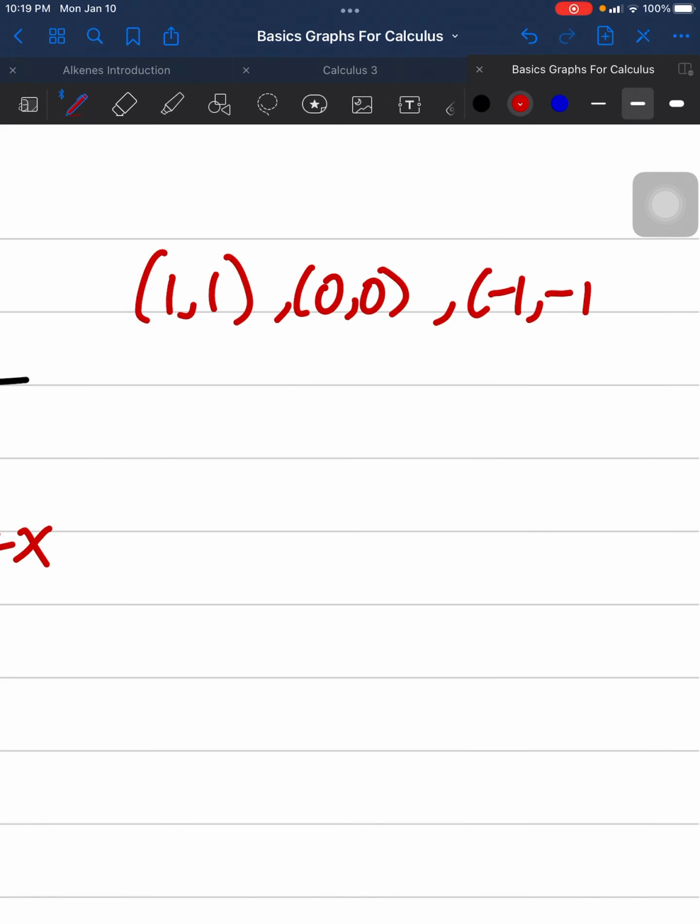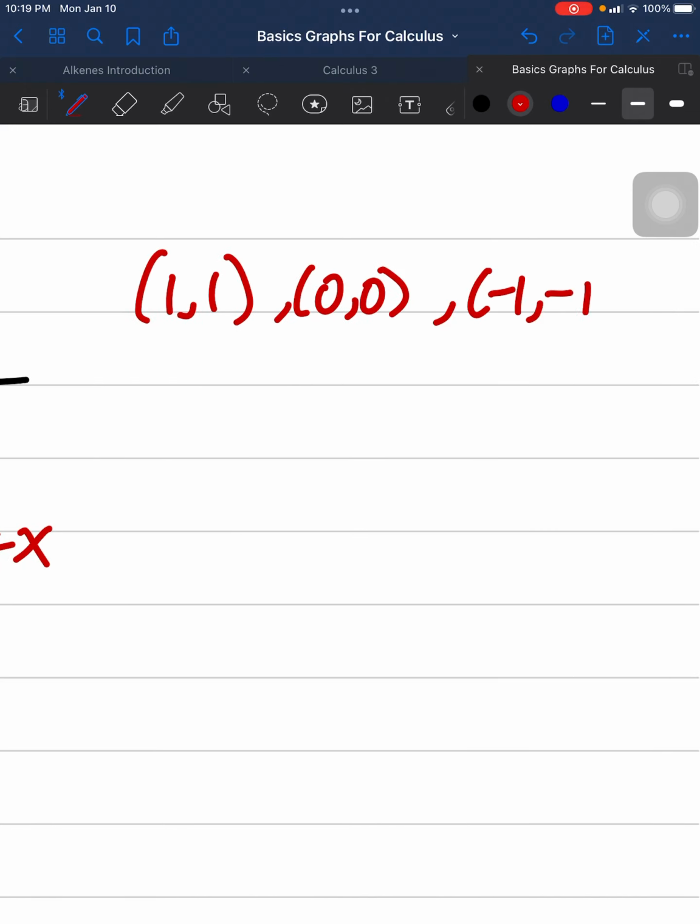The second graph is a normal parabola. And its formula is y equals x squared. And this could be y equals x to any even power, and it'll have the same critical points.